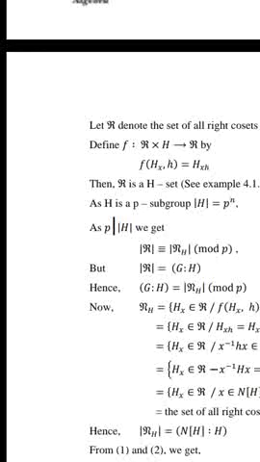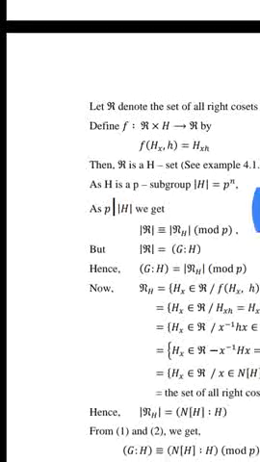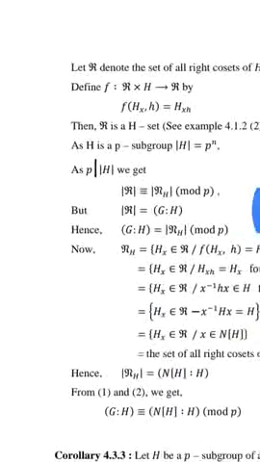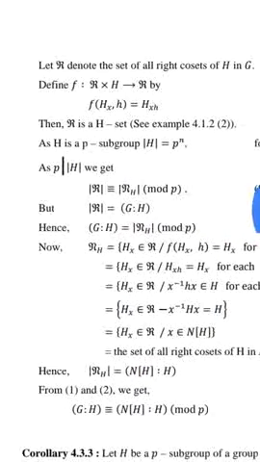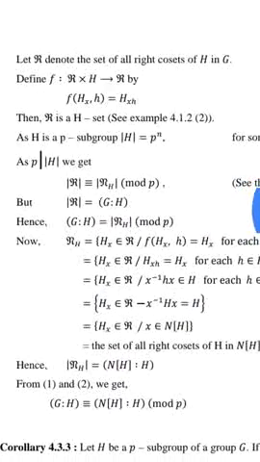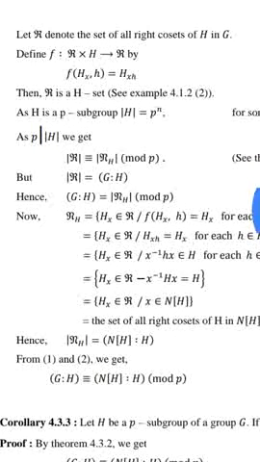But the cardinality of R is equal to the index of G over H. Hence, the index of G over H is congruent to the cardinality of R_H modulo p.